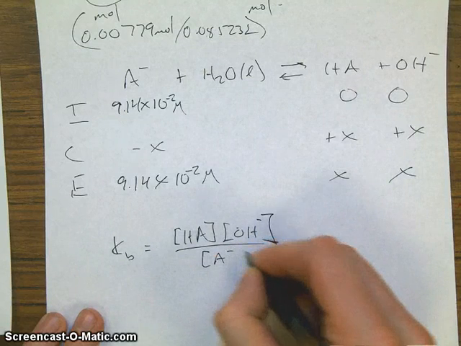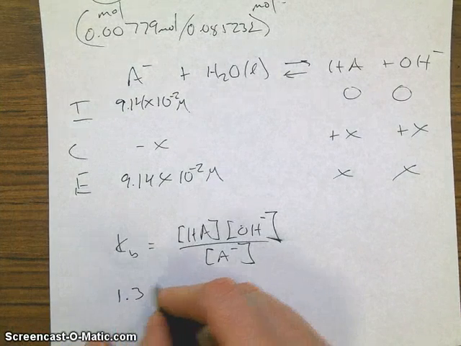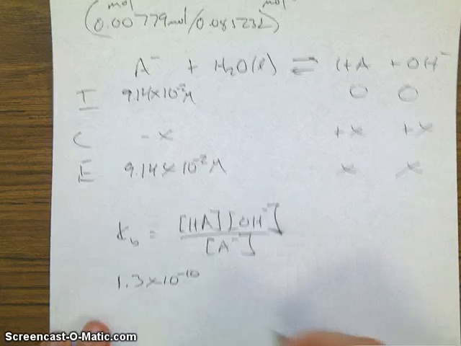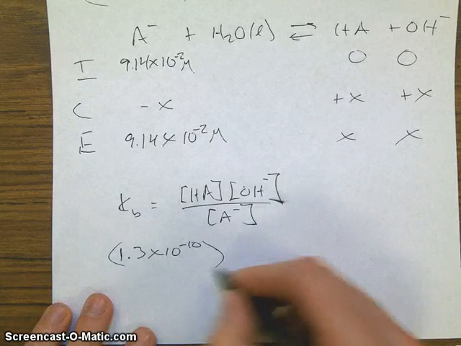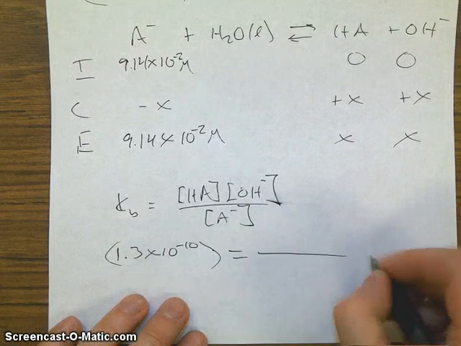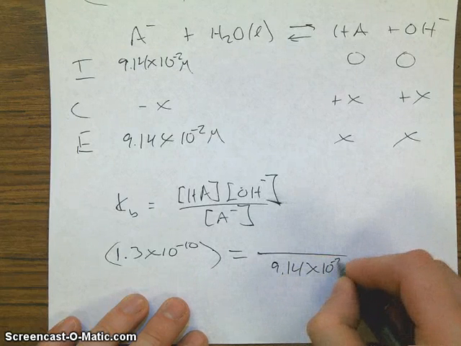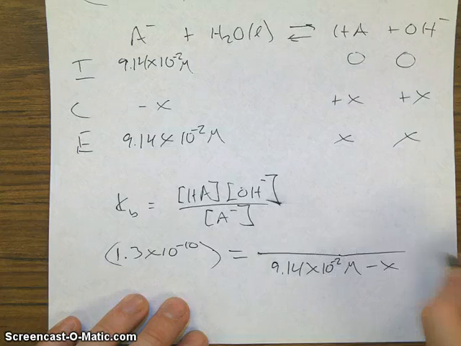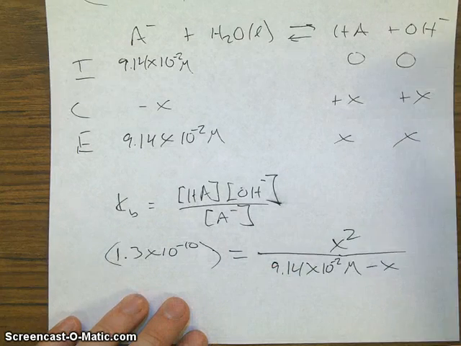From the last problem that we did, which was C, we know Kb, which is 1.3 times 10 to the negative second. We actually now know A-, and I can take this to the other side over here. And A-, actually I'm just going to set this equal to A- is 9.14 times 10 to the negative second molarity minus x. And then on top, these are both x, so it's x squared. And x is actually going to be our concentration for hydrogen.